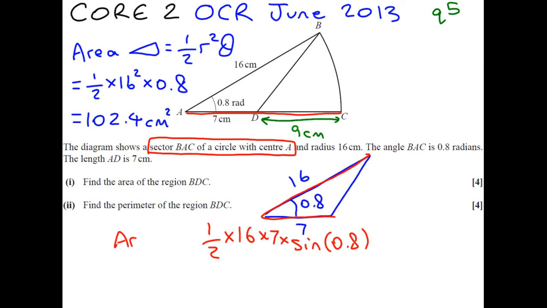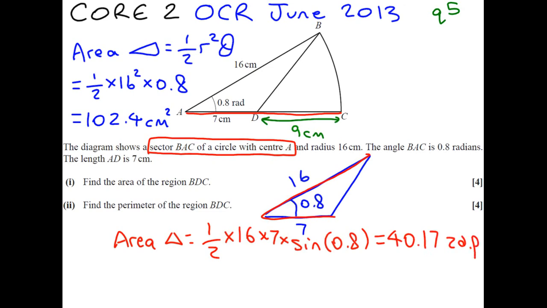And the area of the triangle is going to be, just put it in my calculator, 40.17 to 2 decimal places.